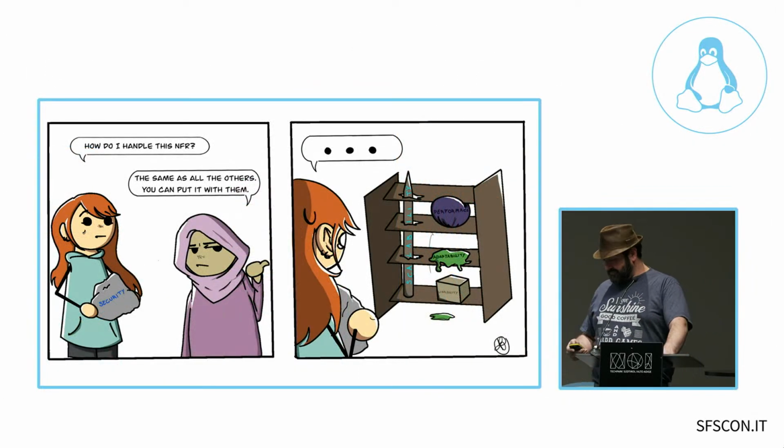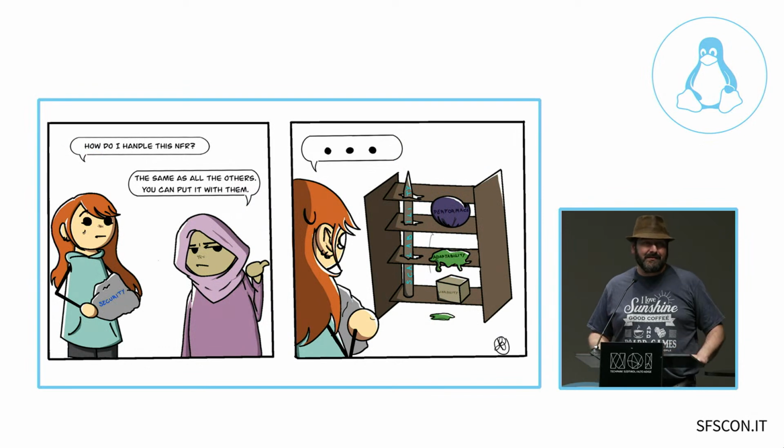So the lesson here is that I see people try to create a process and treat all of these kinds of requirements the same way. But they are very different among themselves, right? The way you handle security in your team might be completely different from how you handle performance, or how you handle scalability, right?